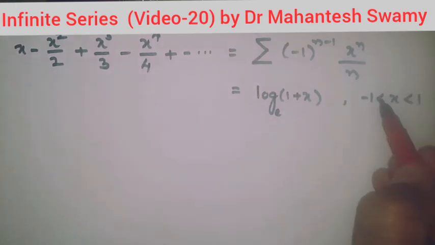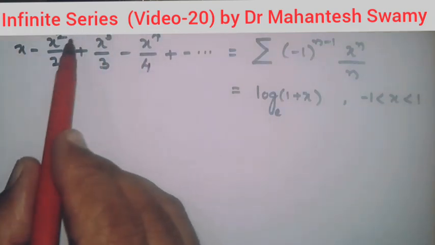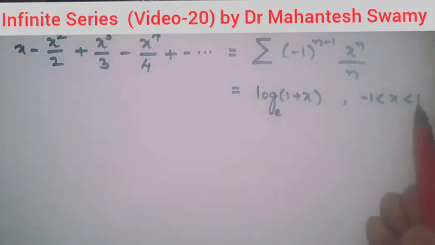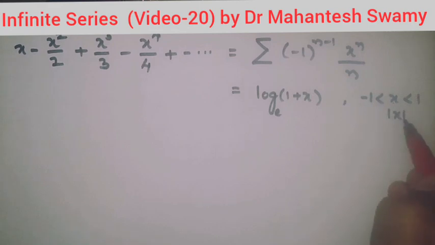This can be very easily tested by using one of the earlier tests of convergence, namely the ratio test, and by applying it we can conclude that this series is convergent for values of x between -1 and +1, or equivalently, modulus of x less than 1.